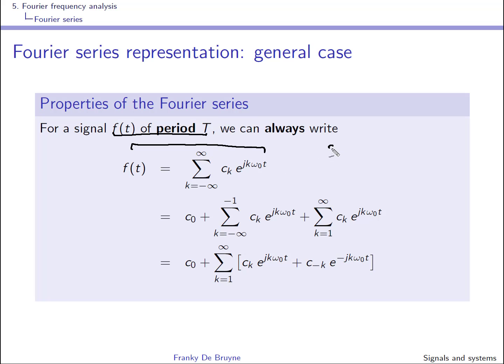And ck was the inner product of f(t) with e to the minus jk omega 0 t, and this is f_k conjugate, and so this is 1 over T, the integral over one period of f(t) e to the minus jk omega 0 t dt, right? This is ck over here.